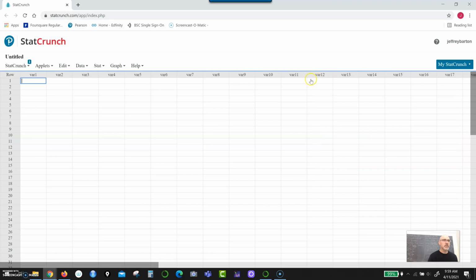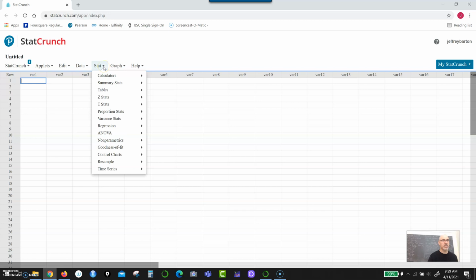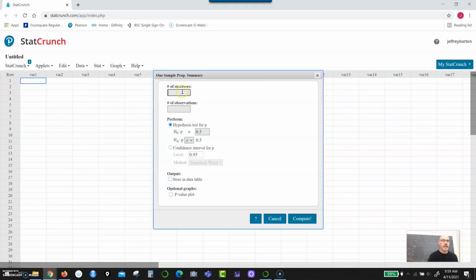One other thing to be aware of is that we can actually run a hypothesis test with StatCrunch. So if we go down under Stat to Proportion Stats and one sample, here we don't have raw data, we have a summary. So we do one sample with summary. And we tell it what happened in the sample.